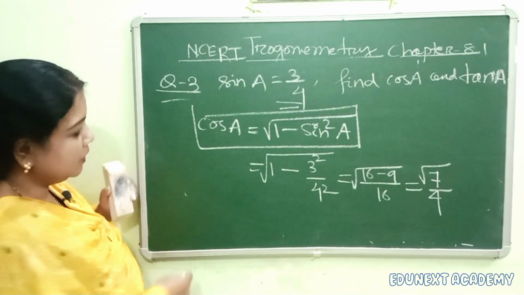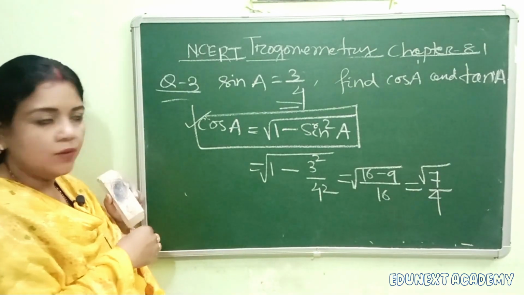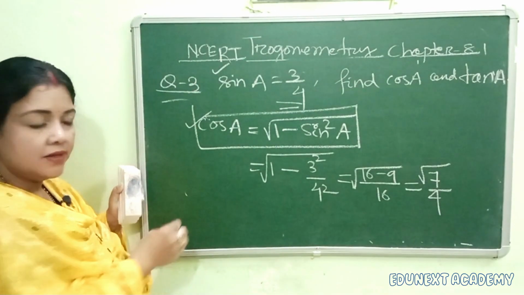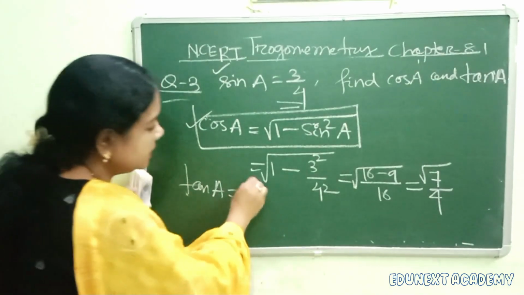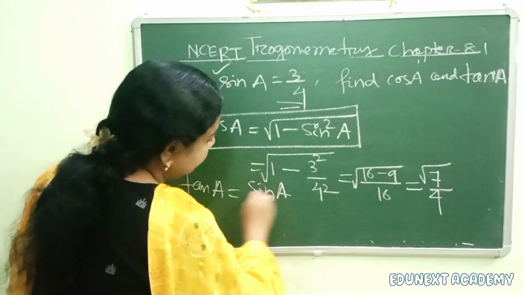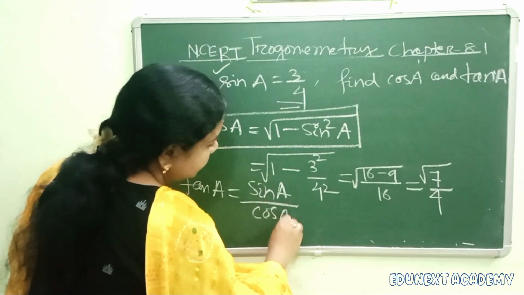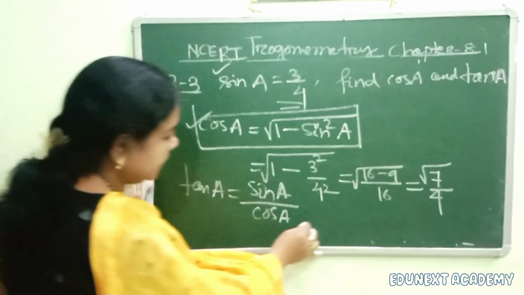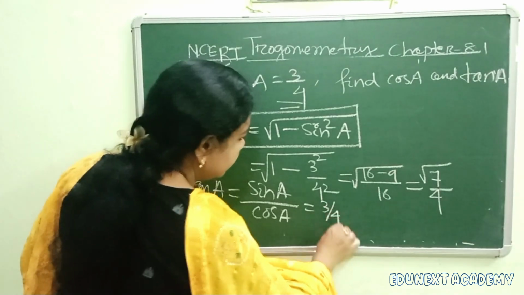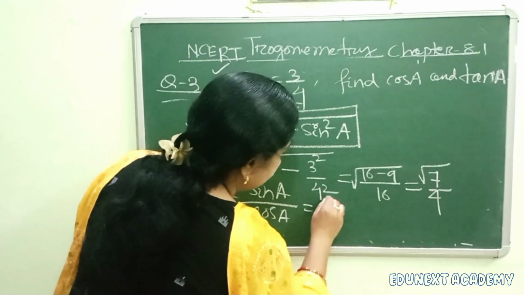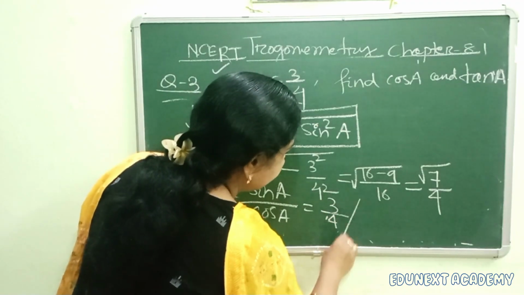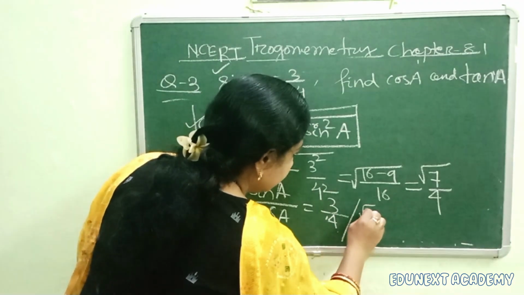Okay, so now that I found cos A, and sin A is given, I can calculate tan A. This tan A is nothing but sin A by cos A. Sin A is 3 by 4 given, and cos A is root 7 by 4.